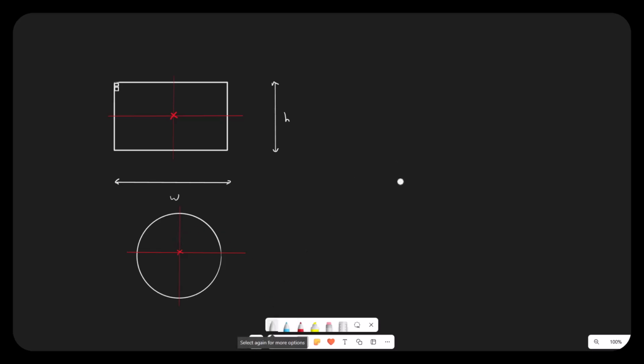If I have a right triangle, then I start to get something where I don't have a symmetric shape. And now I'm going to need a little bit more. So give this thing a height H, give this thing a width W. What we find is that the center of mass is right here.